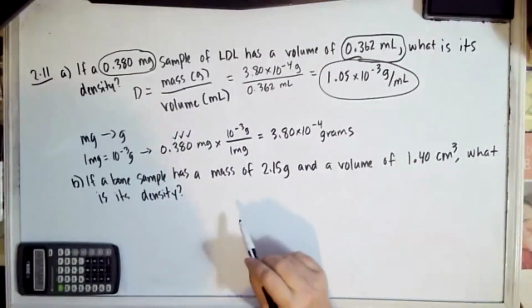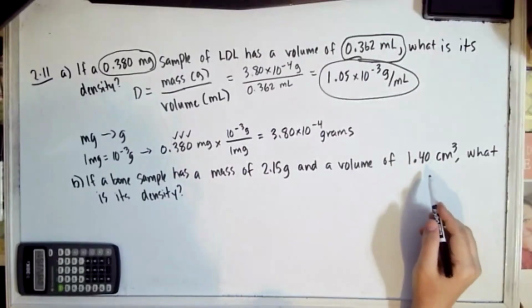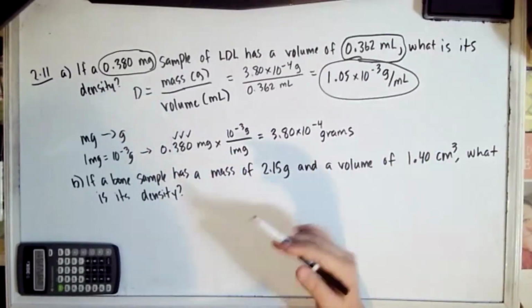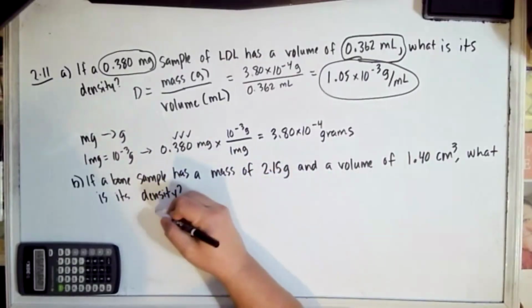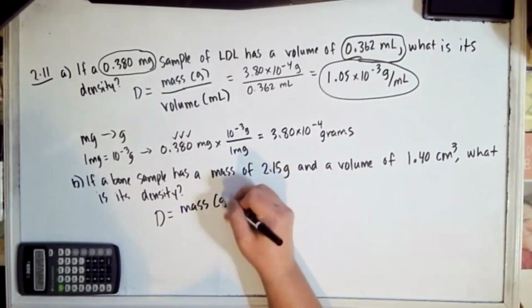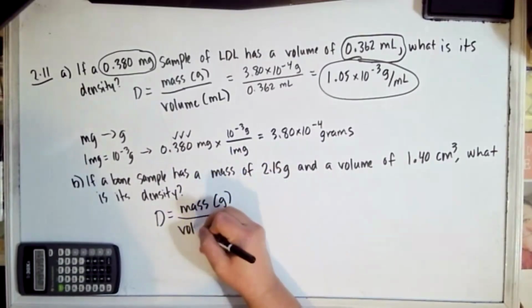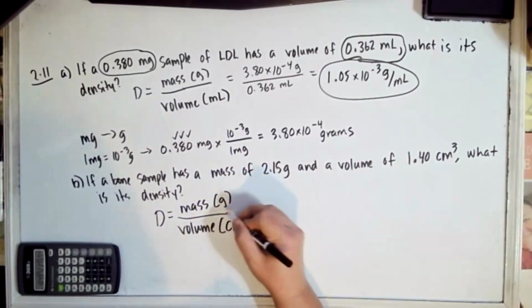Second question, if a bone sample has a mass of 2.15 grams and a volume of 1.40 cubic centimeters, what is its density? And they want grams per cubic centimeter as the units for this one. Okay, so mass in grams over volume in cubic centimeters.